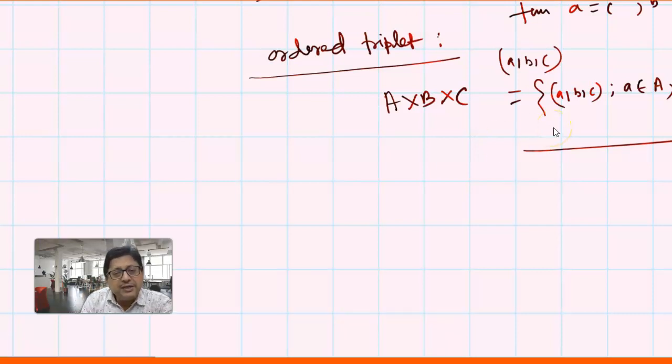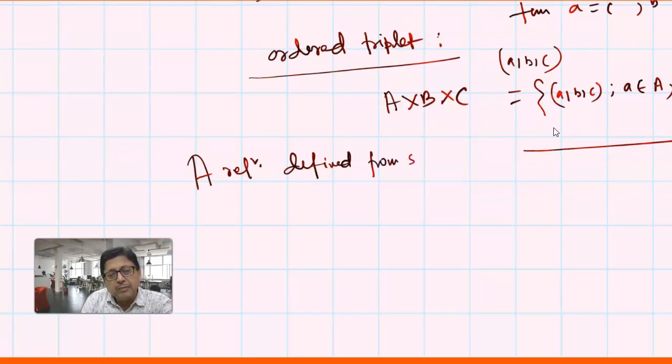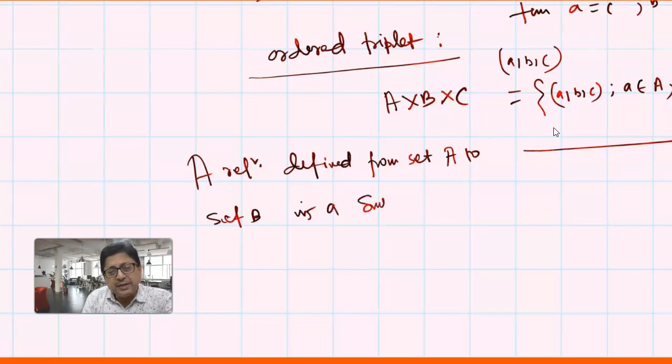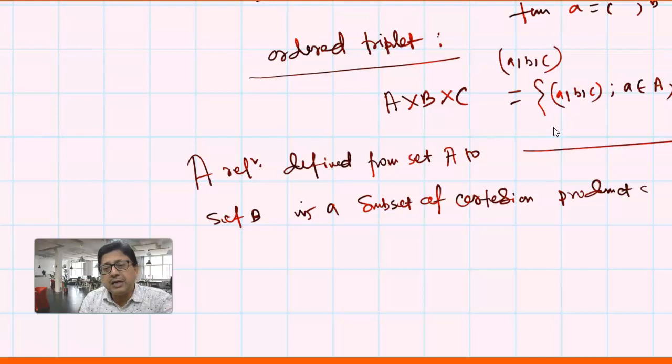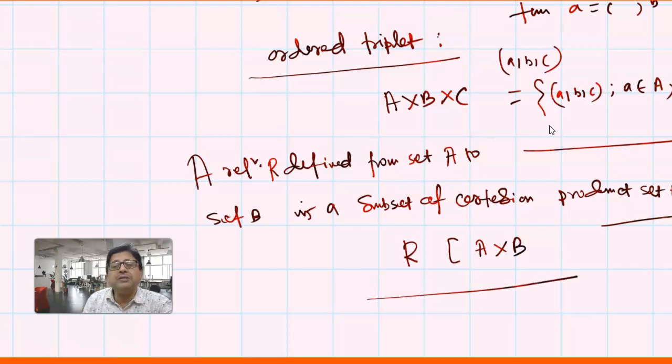So a relation defined from set A to set B is a subset of the Cartesian product set A cross B. You can term this relation as R. You have to write this: R is a subset of A cross B. R is always a subset of A cross B. Any subset of A cross B you take into consideration will be a relation, a correspondence between elements of two sets.